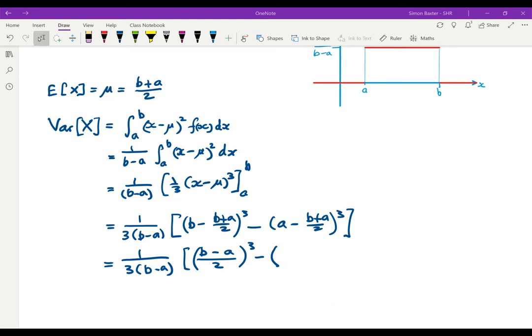A minus A over 2 is A over 2 minus B over 2, all cubed. Okay, that's beginning to look rather nice. I've got 2 cubed on the bottom of each of these. 2 cubed there, 2 cubed there. 2 cubed is 8. Let's bring it outside. 8 times 3 is 24.